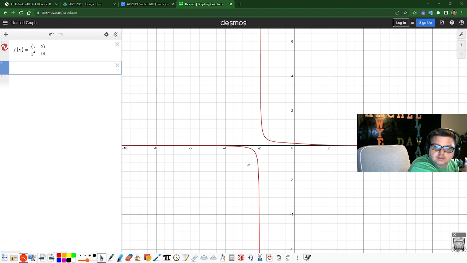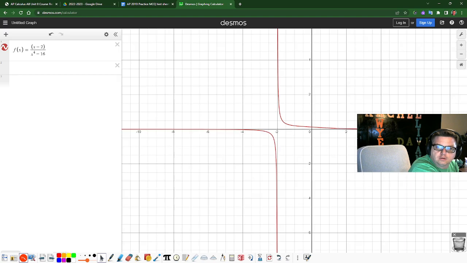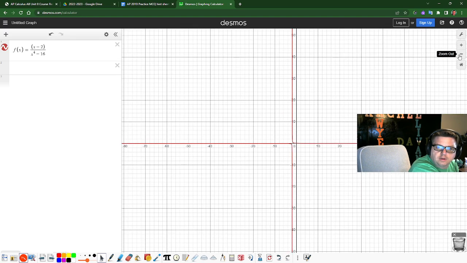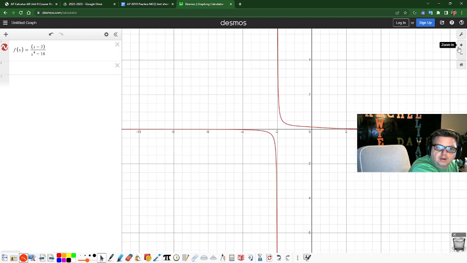So we get +2 is undefined, so there's our hole. Here's our asymptote. But when we do x squared, let's see, does zooming out do anything for us? No, it doesn't even show any blip or anything in the radar.